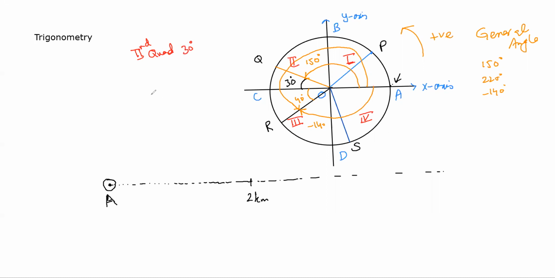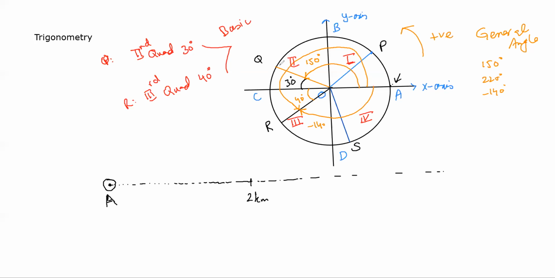This point R is in the third quadrant, and it has a basic angle of 40 degrees. So both of these two angles are known as the basic angles. The basic angle is determined from the x-axis of the quadrant where your point is lying.